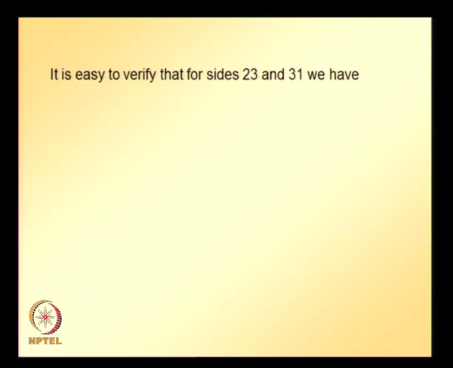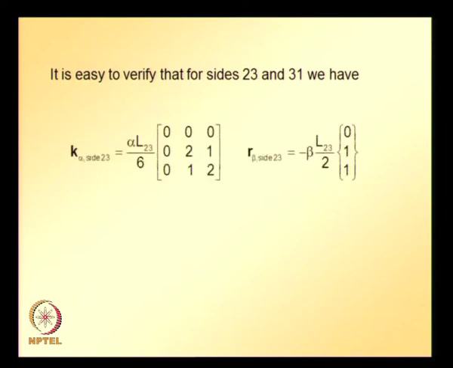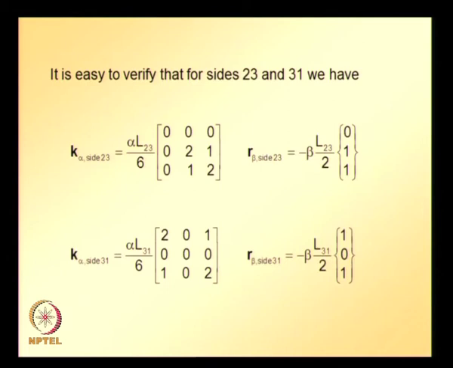And for side 2, 3 and 3, 1, k alpha and r beta looks like this. So once we identify the corresponding coefficients, we can get the element equations, and once we get element equations we can get the global equation system based on nodal connectivity, and after imposing the essential boundary conditions we can solve for the nodal values.